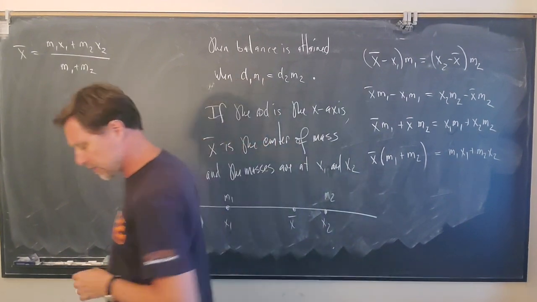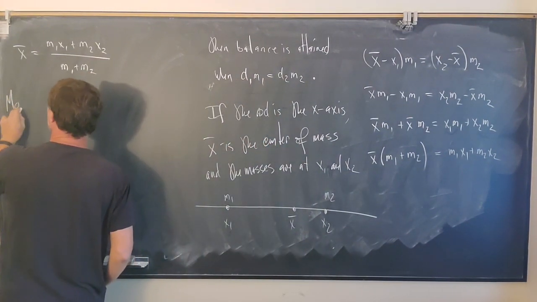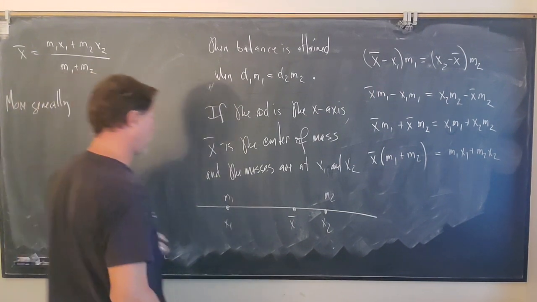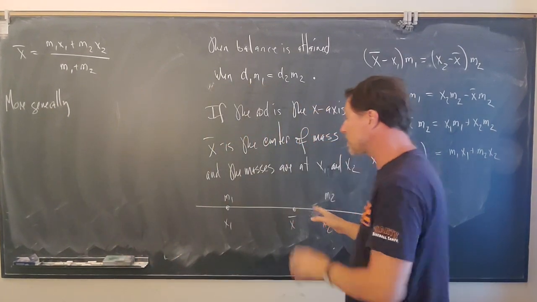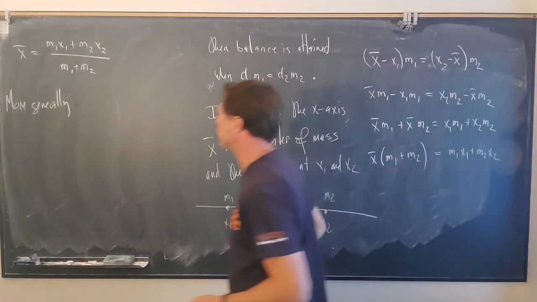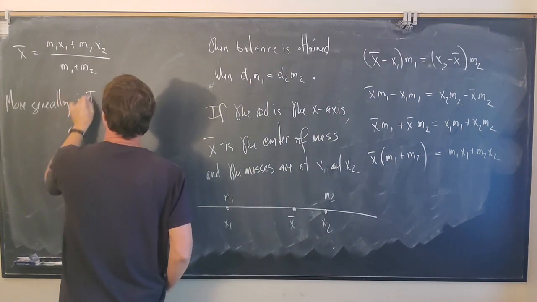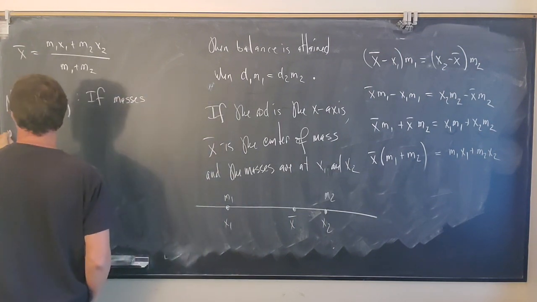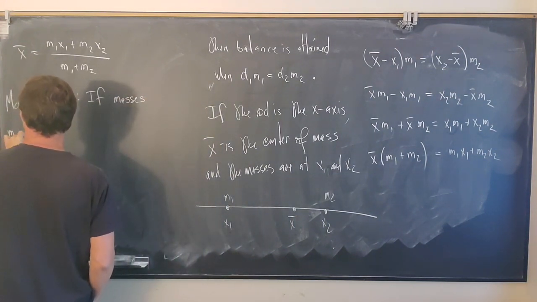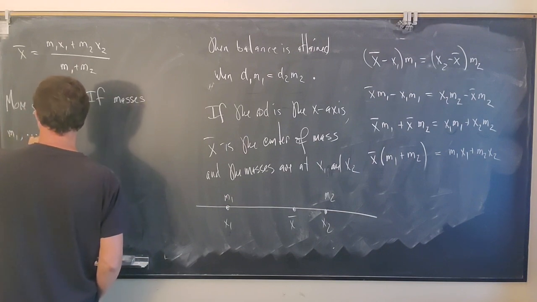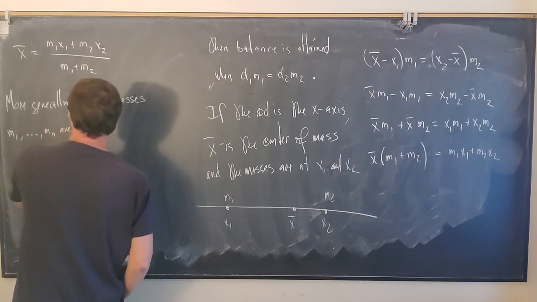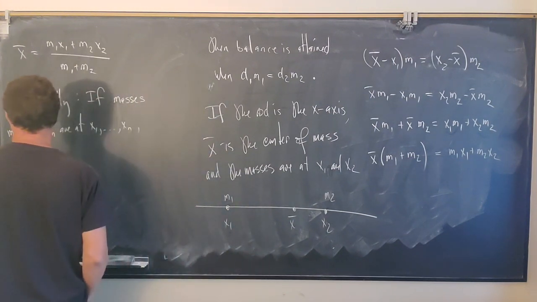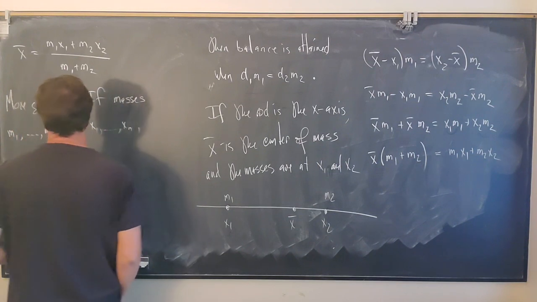And now you can generalize this. So more generally, if instead of just two masses, you want to put a bunch of masses, you can generalize this formula. So more generally, if masses m1 up through m sub n are at positions x1 up through xn, then x bar has the following formula.